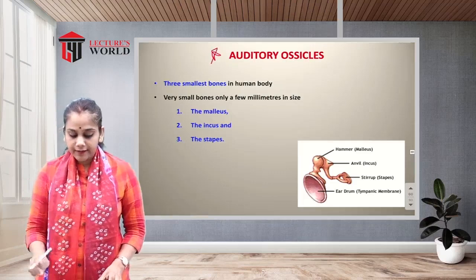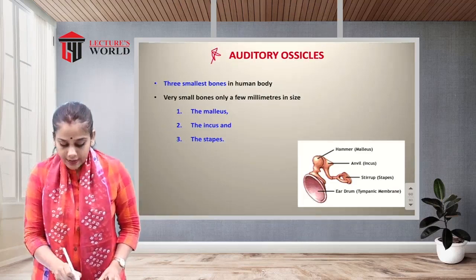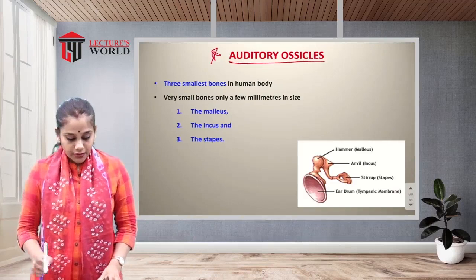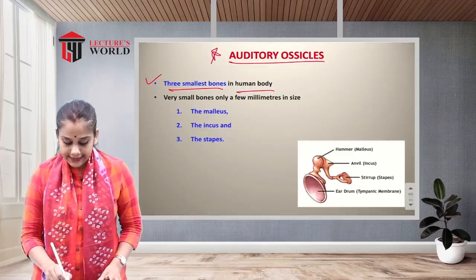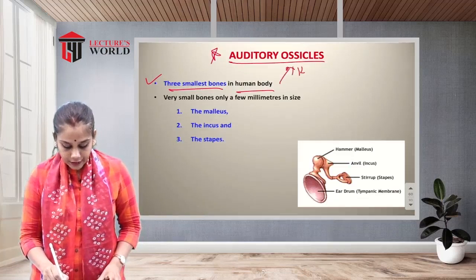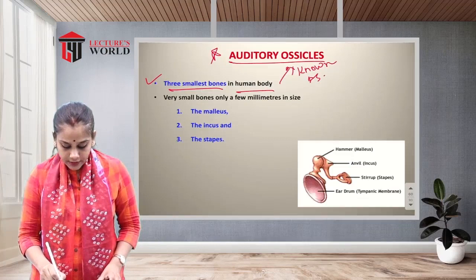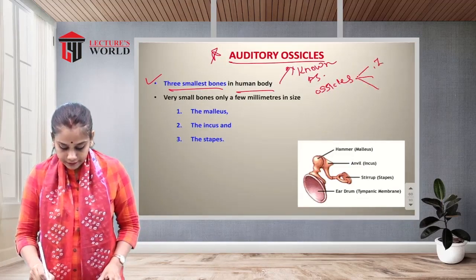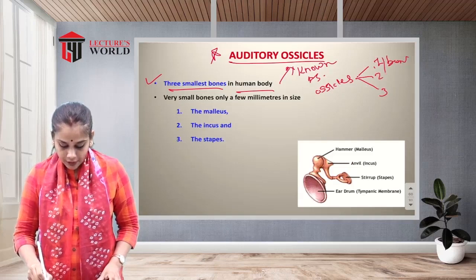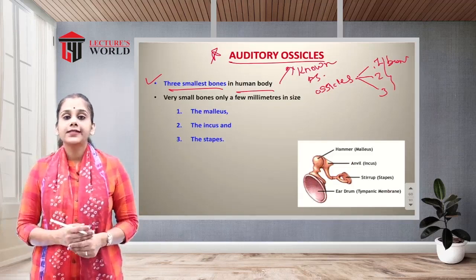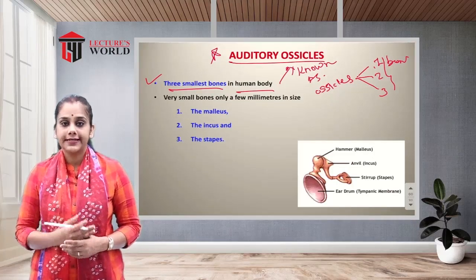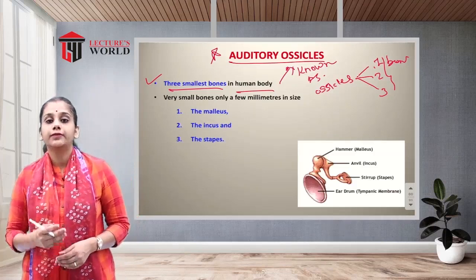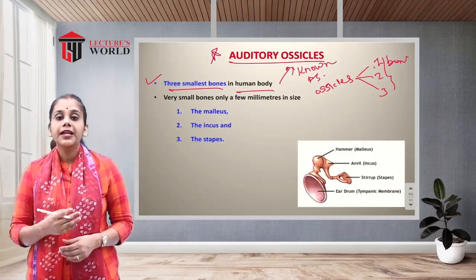Now the most important part of the middle ear, that is the auditory ossicles. There are three of the smallest bones in the human body, known as the ossicles. They are located in the middle ear.